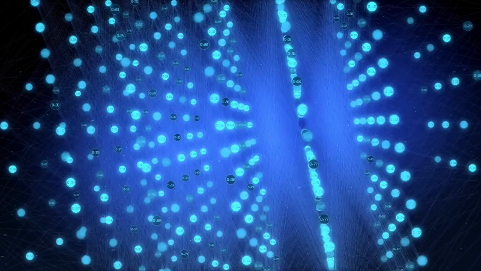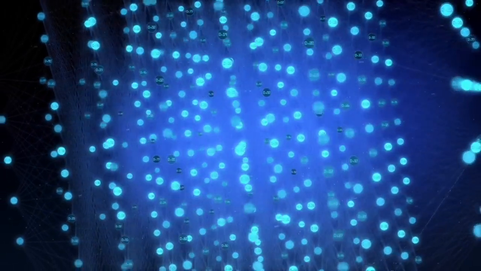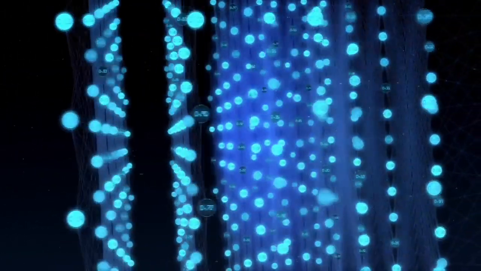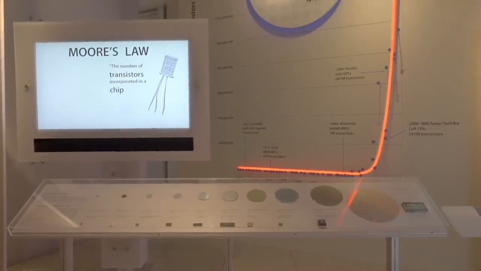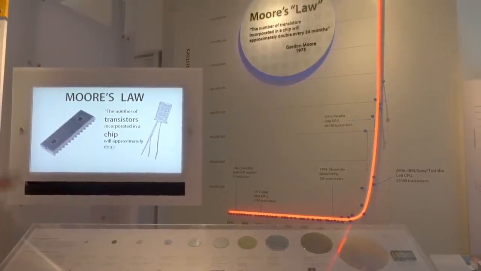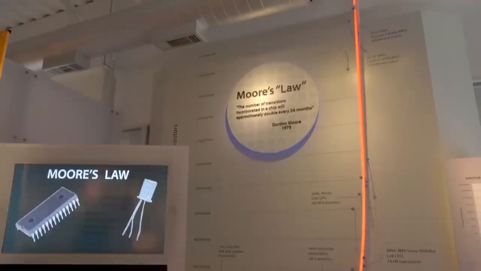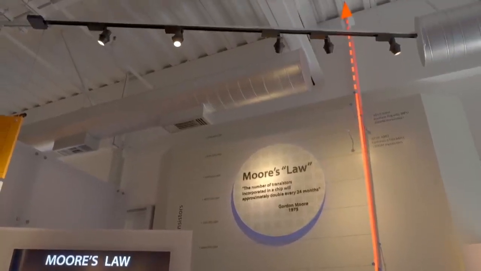When performing the huge matrix multiplications required by deep neural networks, most of the time and energy goes into fetching those weight values rather than actually doing the computation. And finally, there are the limitations of Moore's law. For decades, the number of transistors on a chip has been doubling approximately every 2 years, but now the size of a transistor is approaching the size of an atom, so there are some fundamental physical challenges to further miniaturization.